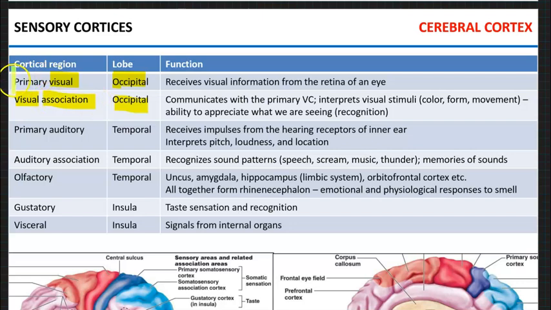So primary cortex receives whatever the retina of your eye sends to the brain: color, movement, contrast, shape. But then the association cortex interprets those signals and allows us to recognize things.